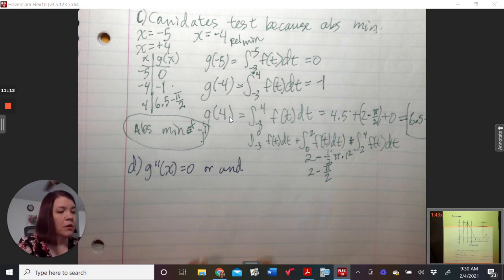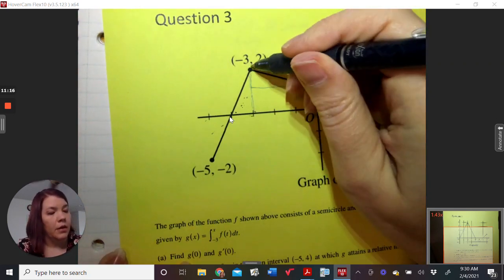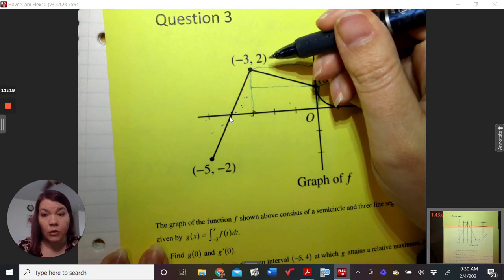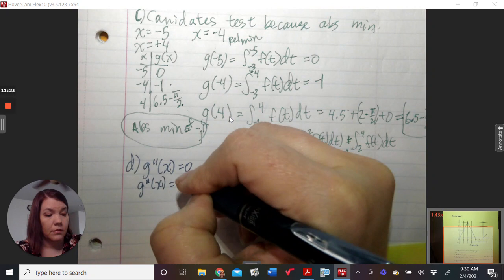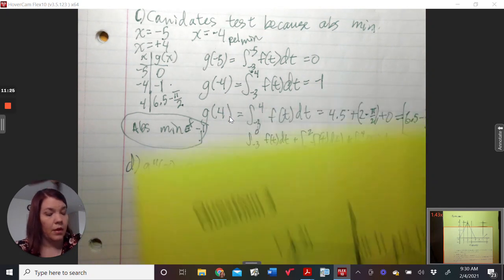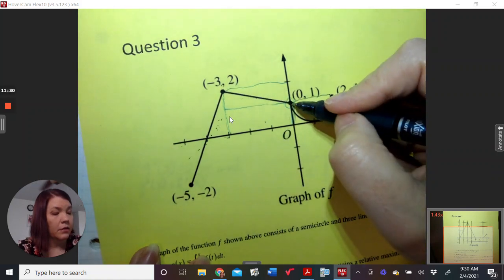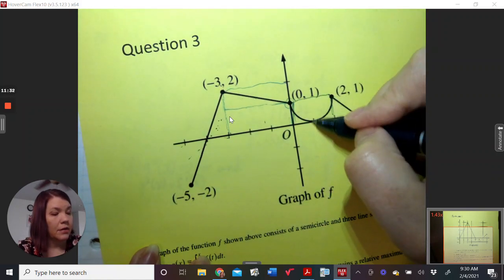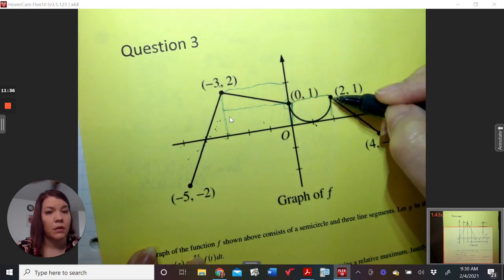So looking at my graph, we're looking at the slope of f now. Okay, so undefined at -3, undefined at 0, horizontal, so slope of 0 at 1, undefined at 2.